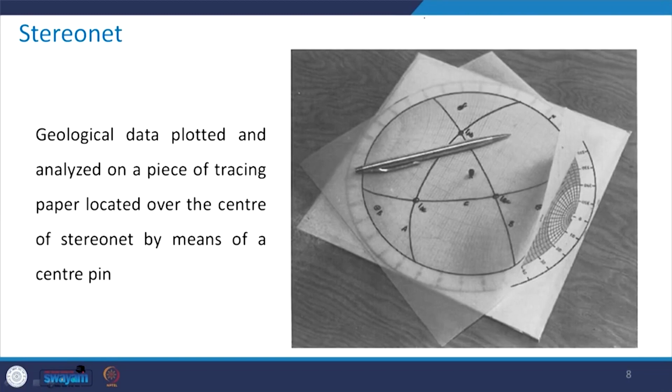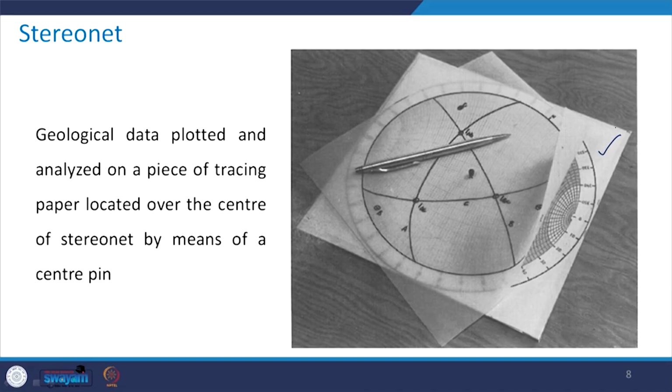Now, let us see how to make use of this stereo net. You can take the printout of the stereo net as I mentioned to you. The printout is this. There, 0 degree means I will be representing that as north, and accordingly I will fix all the other directions, that is north, south, east and west.